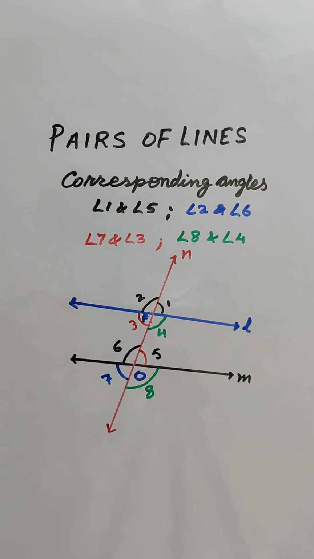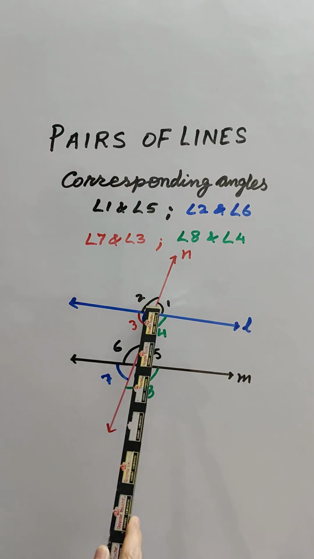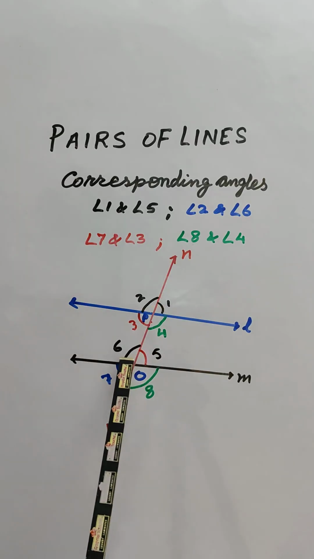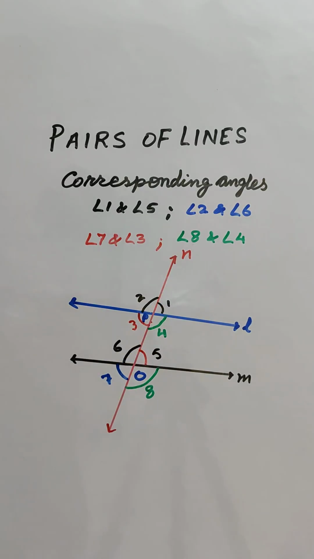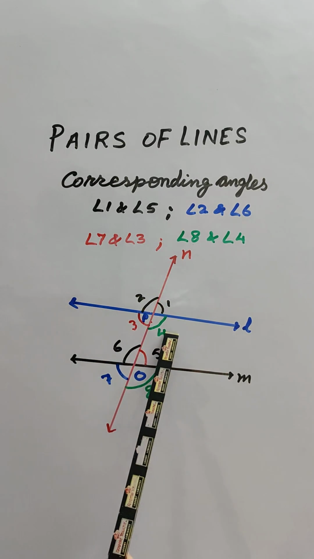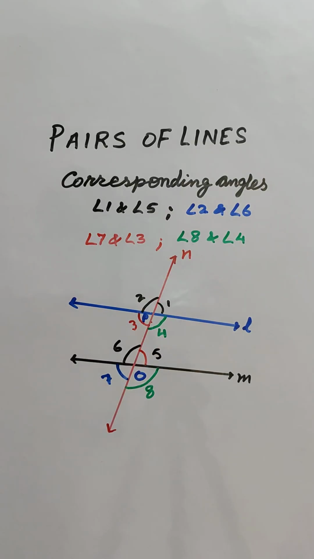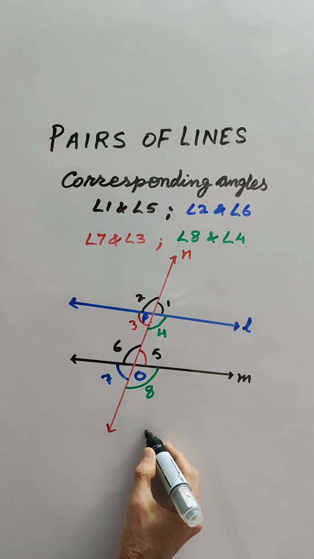First we shall discuss corresponding angles. Here angle 1 and angle 5 are corresponding angles, so are angle 2 and angle 6. Similarly, angle 7 and angle 3 are corresponding angles. Angle 8 and angle 4 are corresponding angles since they form an F everywhere, like this.